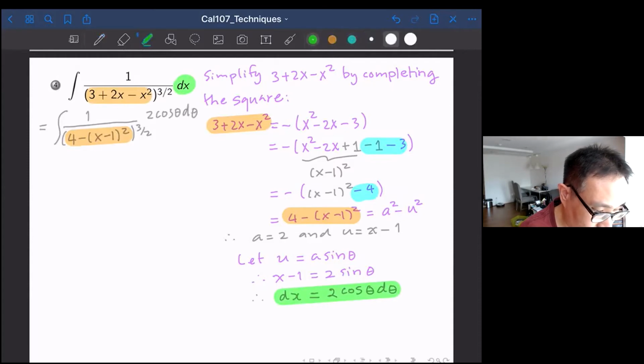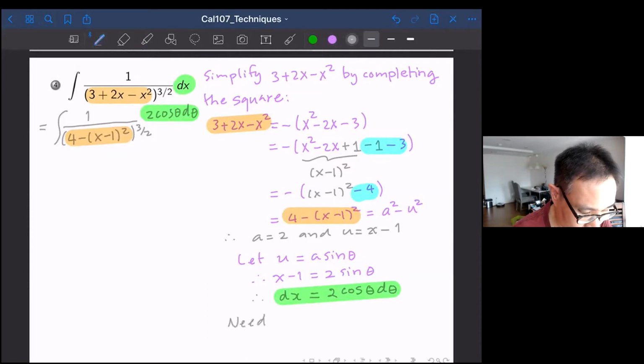This is how we have this trig substitution. However, you need to compute 4 minus (x minus 1) squared, where x minus 1 is 2 sine theta.